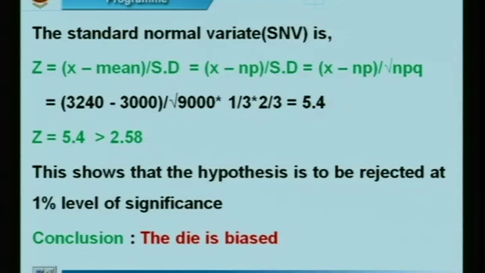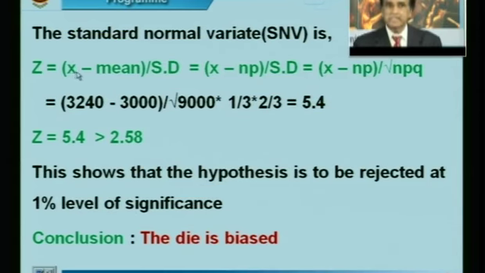Here we go for the standard normal variate, z equal to sample mean minus population mean divided by standard deviation. In terms of the mean, that is x minus np, divided by the standard deviation.